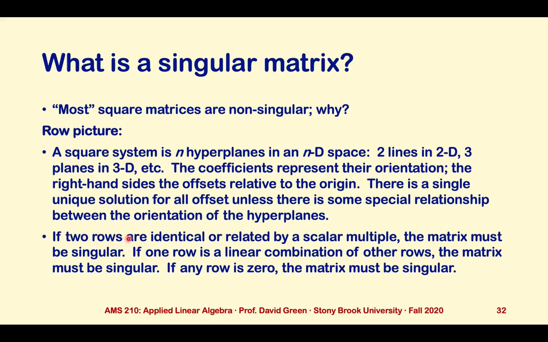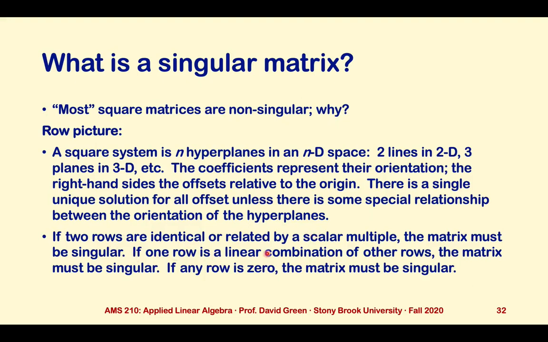If 2 rows of a matrix are identical, or related by a scalar multiple, then the matrix has to be singular. That would correspond to a case where you have parallel lines, parallel planes. Right?